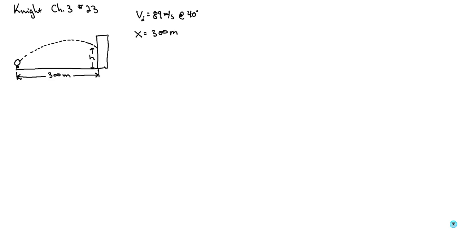So the first thing we'd want to do to start with, now that we have this information, is find the components of this initial speed, to make our life a little bit easier later on.